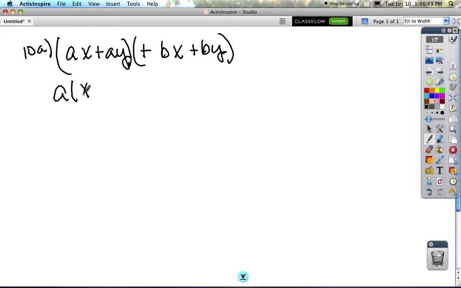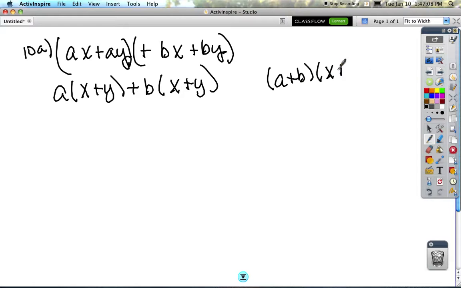An A, that leaves you X plus Y. What are you going to take out of the second group? A B, that leaves you X plus Y. Do not leave it like this. You have to show me your 2 factors. So one of them is A plus B. The other is X plus Y.